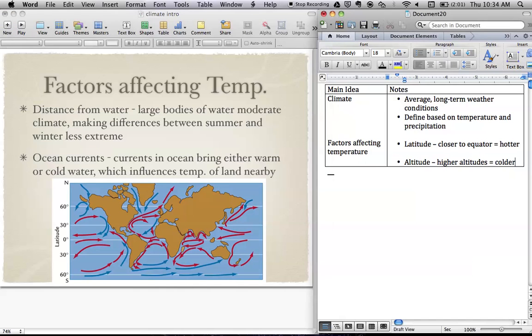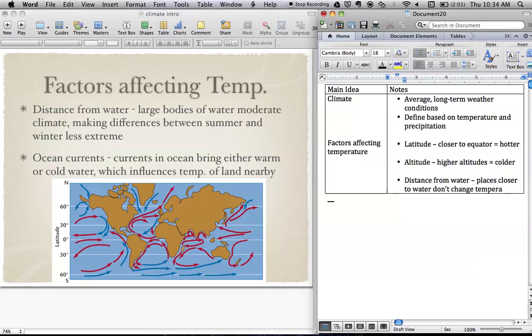All right, two more. The distance from water. Right? So places closer to water don't change temperature as much during seasons or between seasons.